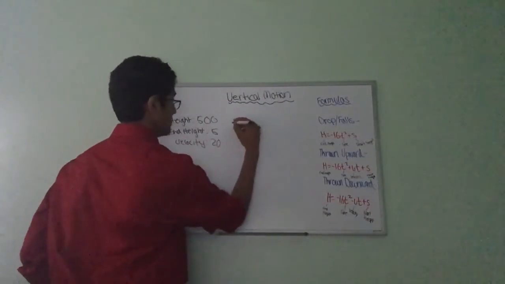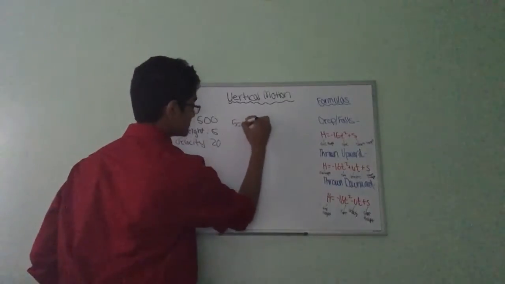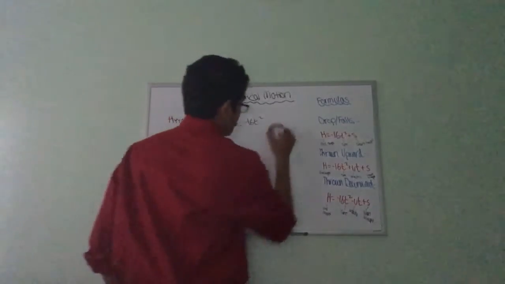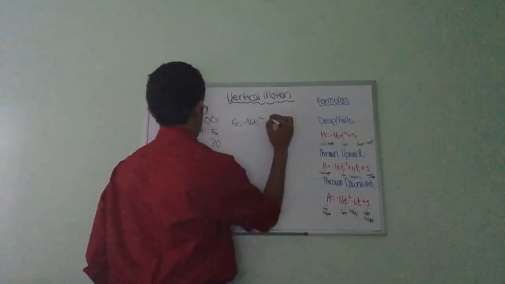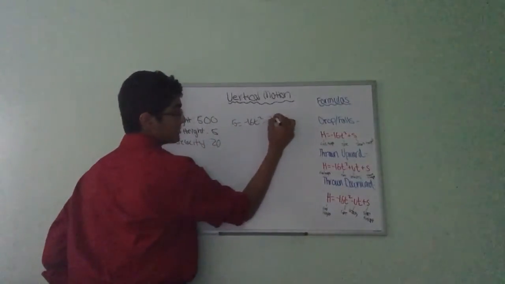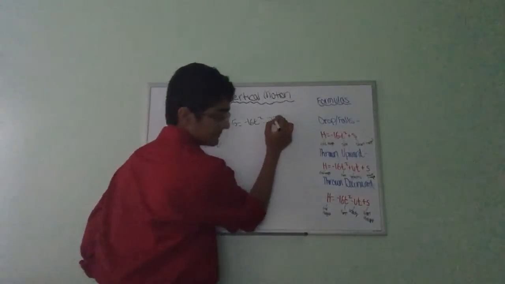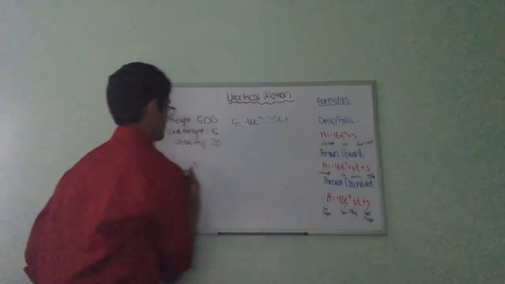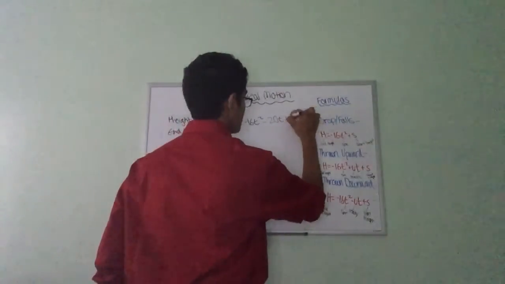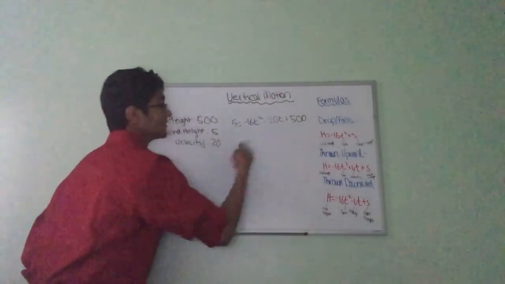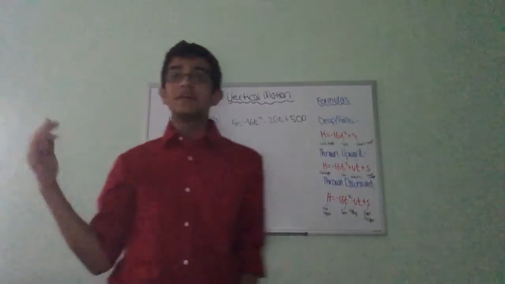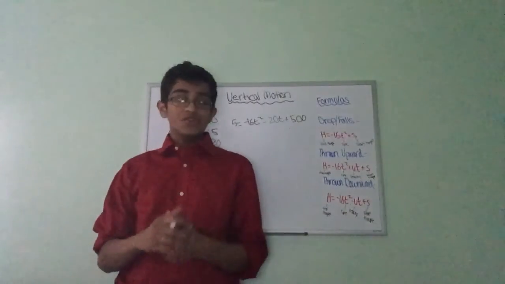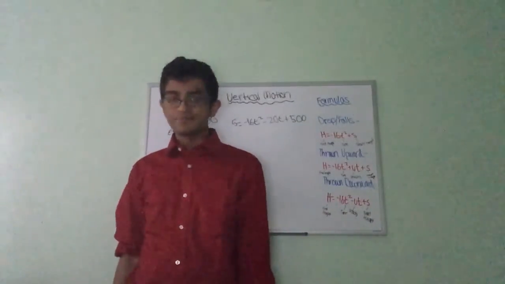Your end height would be 5 equals negative 16t squared minus your velocity of 20t plus your start height of 500. Again, just move the 5 over, have it equal to 0, and solve the quadratic. And if you don't know how to solve a quadratic yet, just watch one of my previous videos.